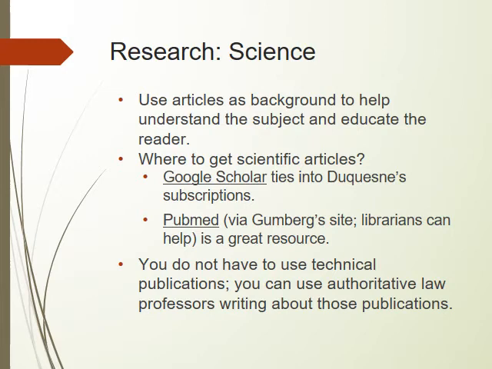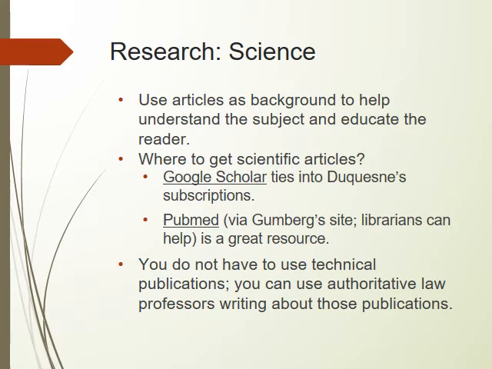I can help you. But you can also use law review articles written by authoritative law professors to capture that information. In other words, you can cite to the law review article by a law professor of prominence, and what she writes in her law review articles about the science, you can cite.